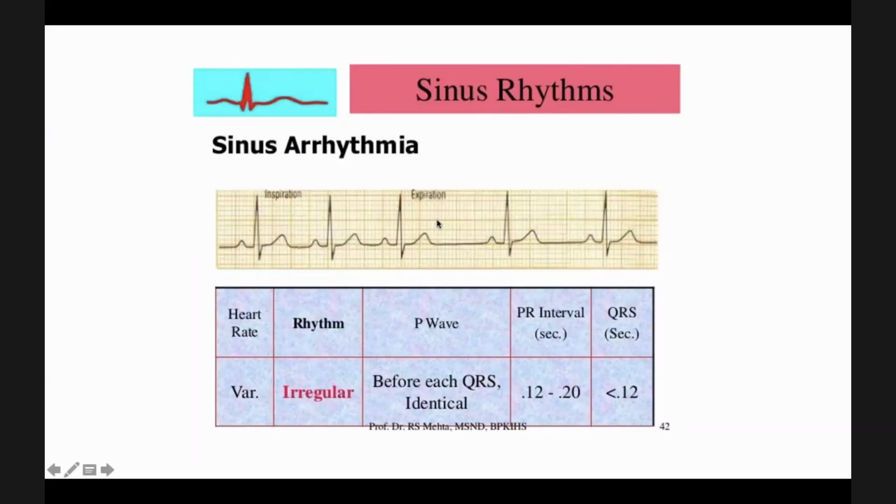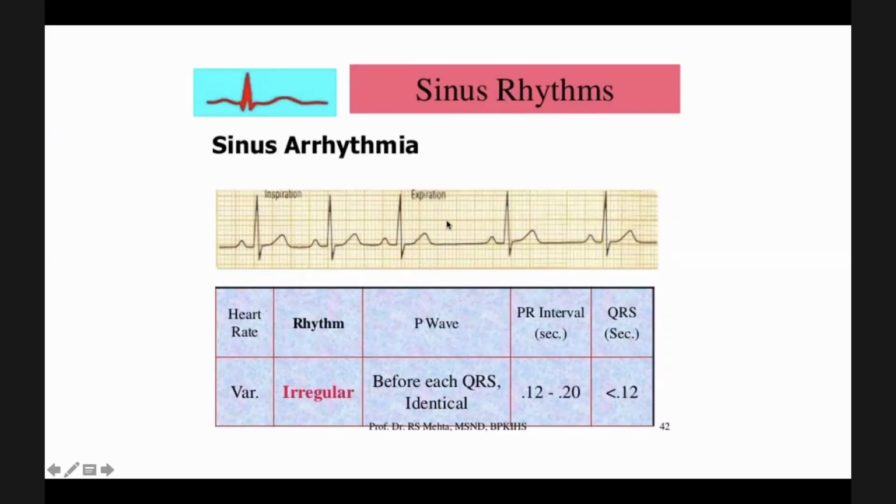It's very common in young children and adolescents, and also in certain categories of people in old age. Who are they? Diabetics who are going into autonomic neuropathy, again you see the sinus arrhythmia. Remember that. Otherwise it's very innocent.